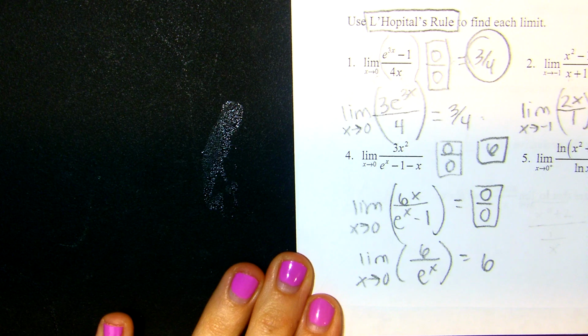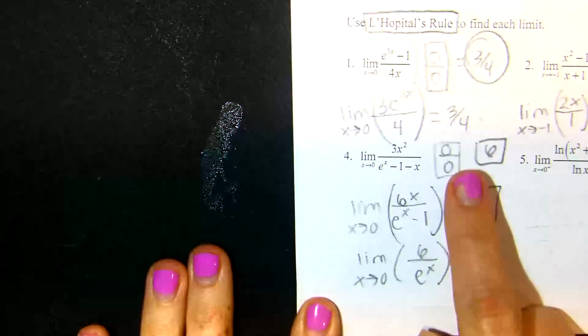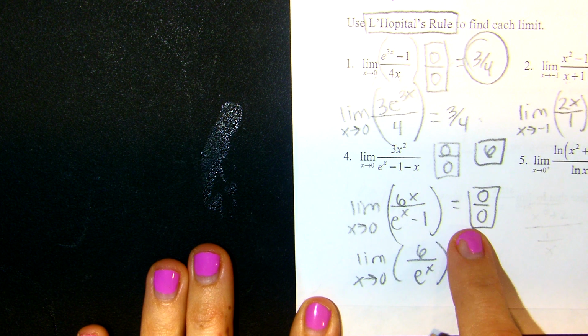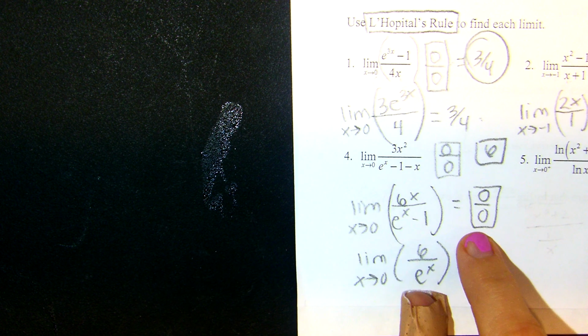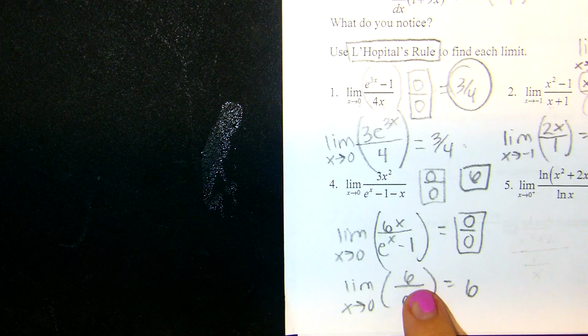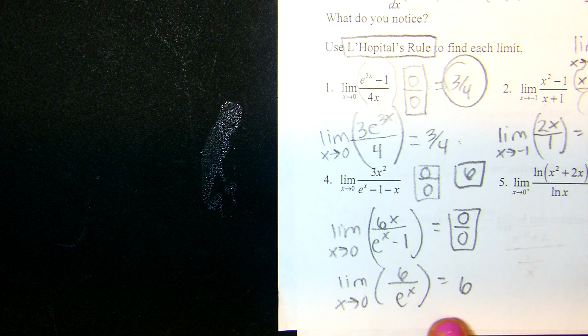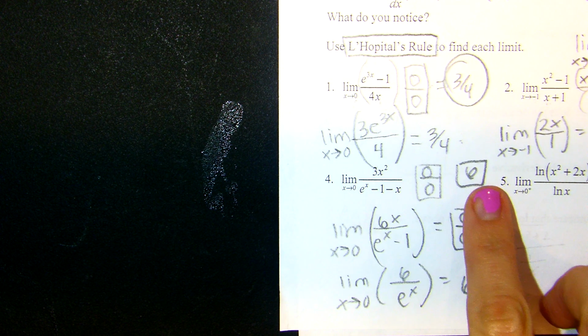So for this problem right here, the last thing I'd like you to take in here is that when I used L'Hopital's rule, I got 0 over 0 again. If you get 0 over 0 again, then do L'Hopital's rule one more time. So I took the derivative, and the answer to this question is the answer to this question.